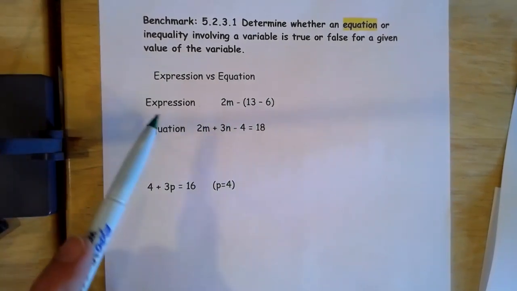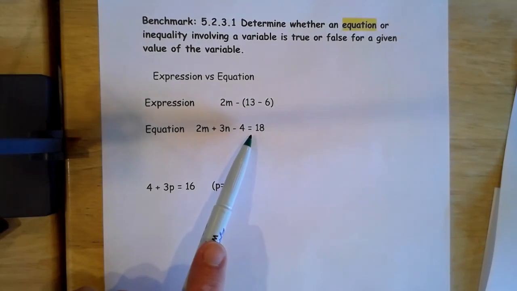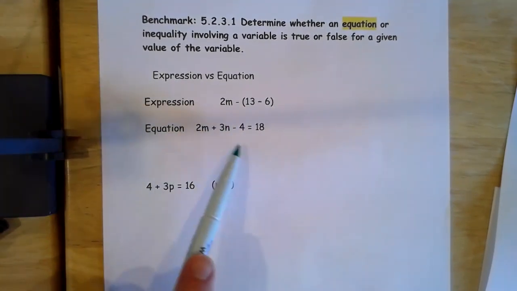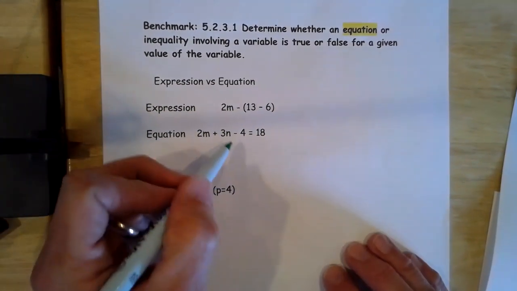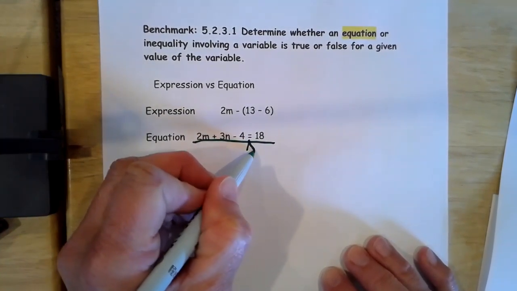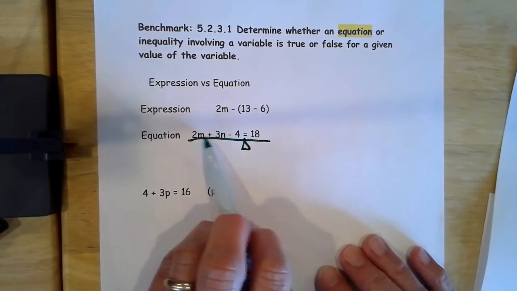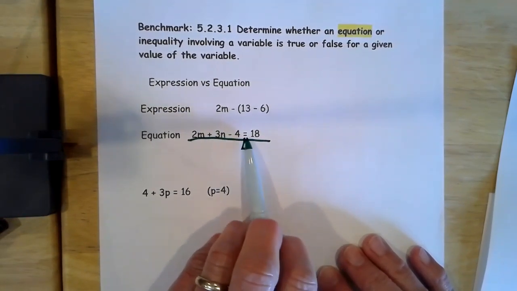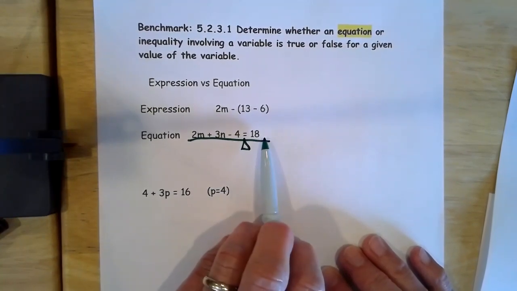The difference between an expression and an equation is this symbol right here. We have an equal sign. That's what differentiates an equation from an expression. We can look at it as a giant seesaw or a pan balance, whereas everything on this side of the equation is the same as everything on this side, or in other words, they're equivalent.